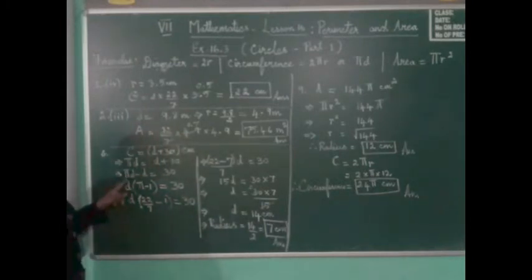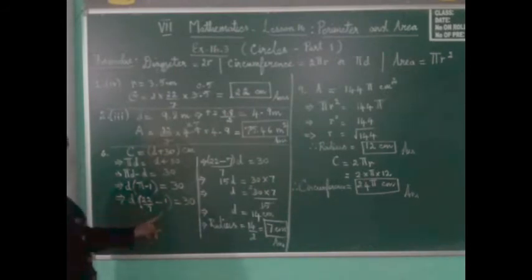So here we can bring the diameter to this side. pi d minus d is equal to 30. When we take d as common outside, it becomes pi minus 1 times d equal to 30, and we put the value for pi, 22 by 7, minus 1 is equal to 30.